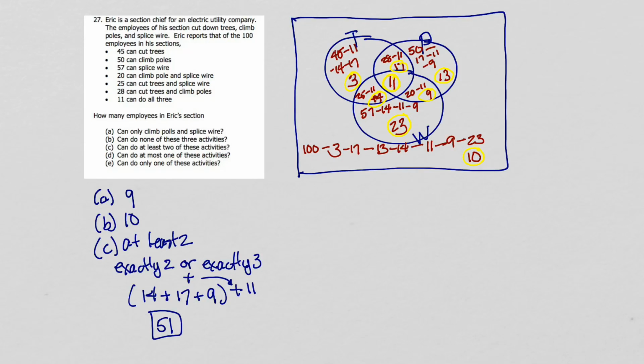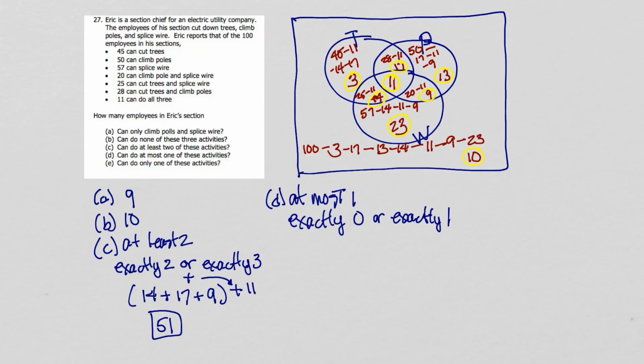And then let's see, where are we? D, can do at most 1. So let's write that like we did the at least 2. So this is D, and what we're looking for here is at most 1. And to get at most 1, when you have these at most or at least, break them into exactly. So at most 1 means you can get exactly 0 or exactly 1.